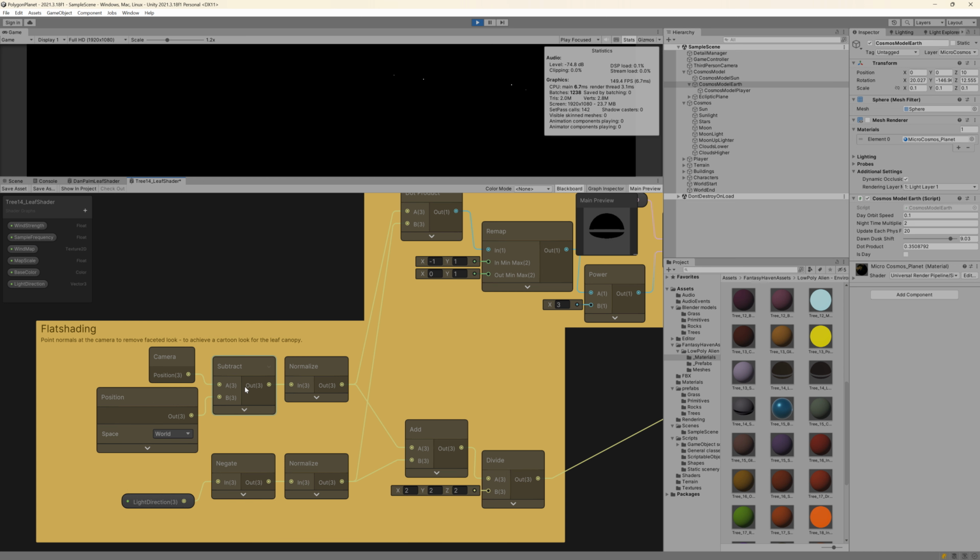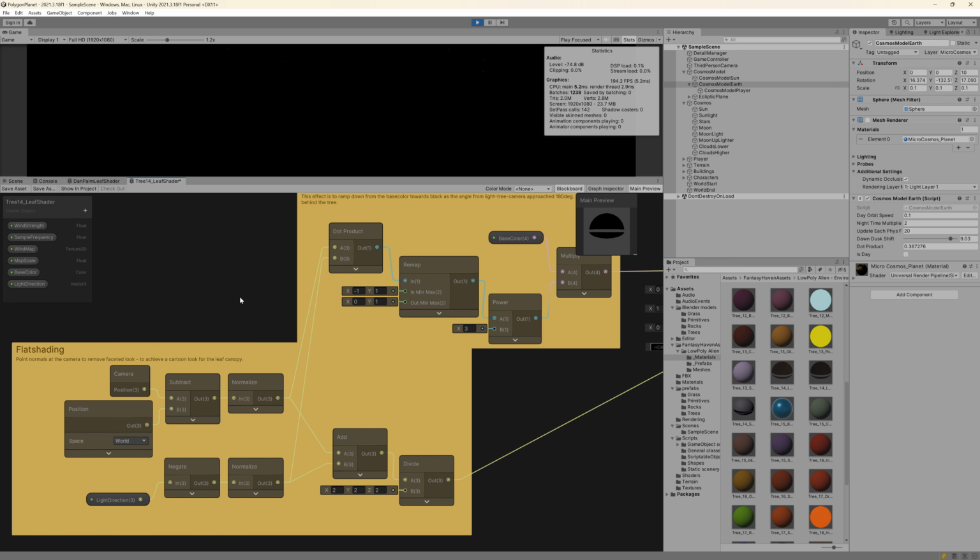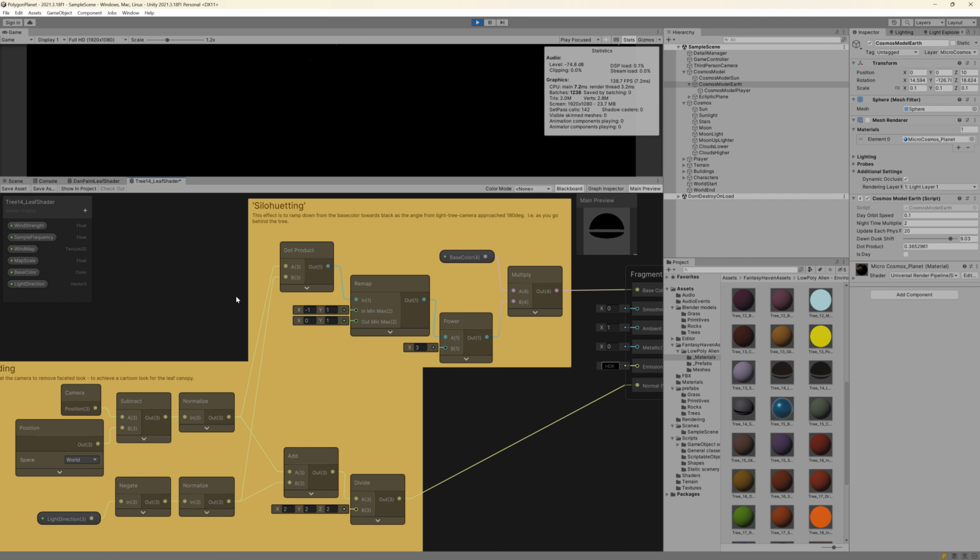These will be in different lengths, but we're not interested in their lengths, we're just interested in the directions, because we want to take the midpoint between them. I am normalizing them. Possibly I don't need to do that. I need to think about that after the video, in case when you dot product them it doesn't make any difference. No, it will. It has to make a difference, because the dot product is a projection of one vector onto another, and therefore the length of those vectors is totally important.